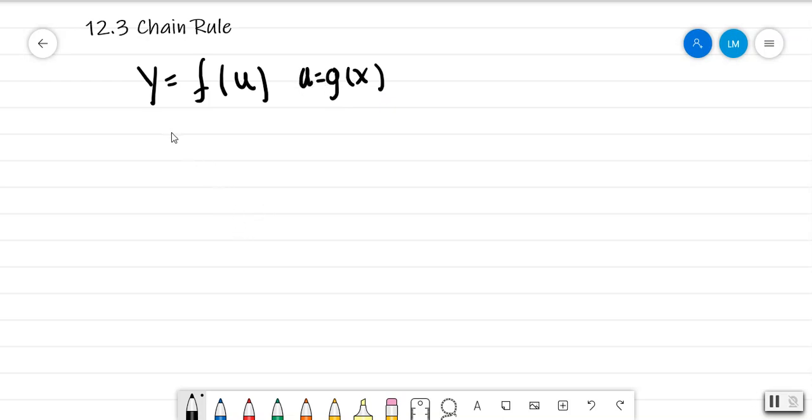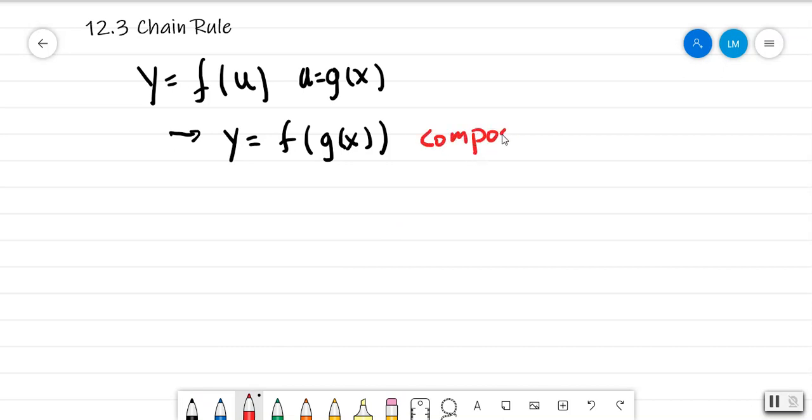So what this does is it tells us that we have a composite function f of g of x. Most people recognize this as a type of composite function.